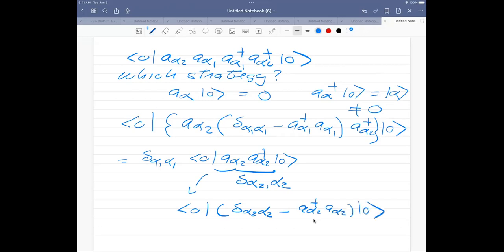And now you see that the last term gives automatically 0, because you have this alpha 2 operator acting on 0, and that's by definition 0. So the first term gives us two Kronecker deltas. And this is actually the result we want, right? Because we're assuming that these states are normalized, so that when we take the norm, that should give us the Kronecker deltas of alpha 1s and alpha 2s.